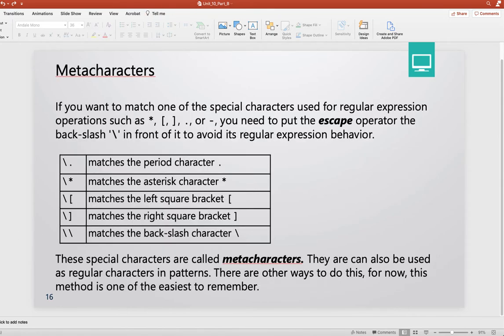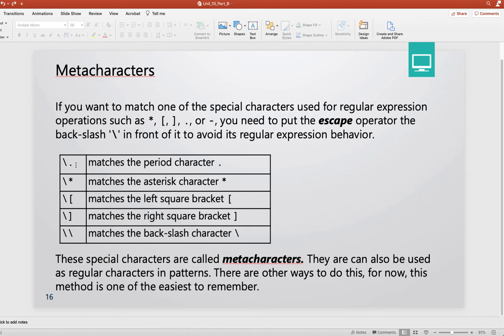If you want to match one of the special characters used for regular expression operands such as the asterisk, the square bracket, the period, or the hyphen, you need to put the escape operator, the backslash, in front of it to avoid its regular expression behavior.